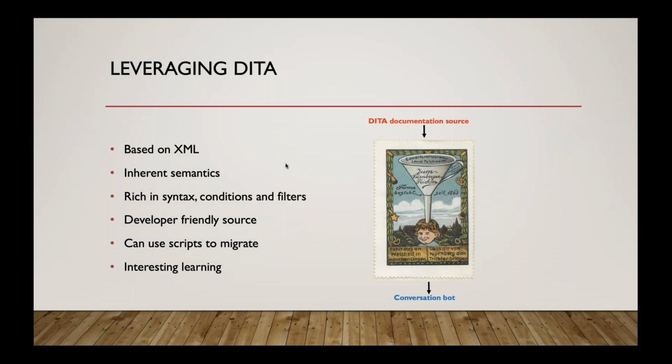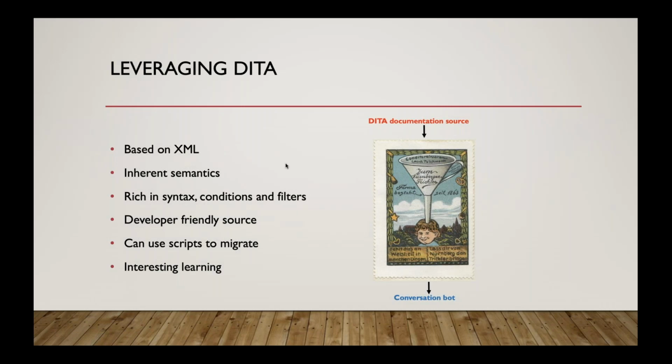So why have we used DITA? Because it is based on XML, and it's easier for developers to get a hang of it. It's easier for technical communicators also, because we already have a cleaned up, well-crafted source out there. We just have to leverage it. It has a lot of inherent semantics and is pretty rich in syntax. It has a lot of conditions and filters, and this is important.